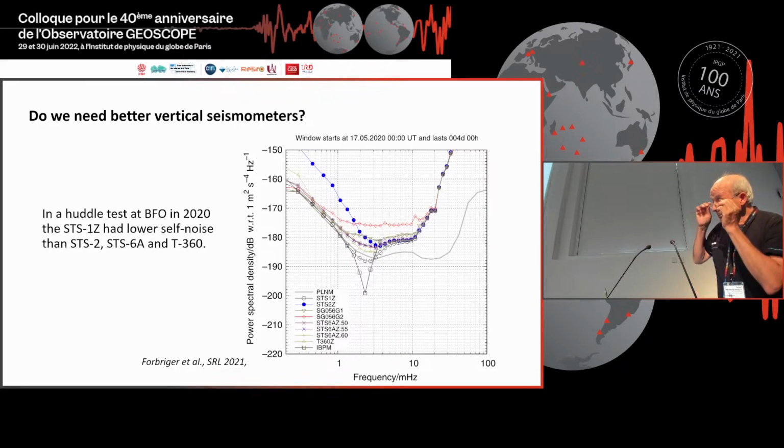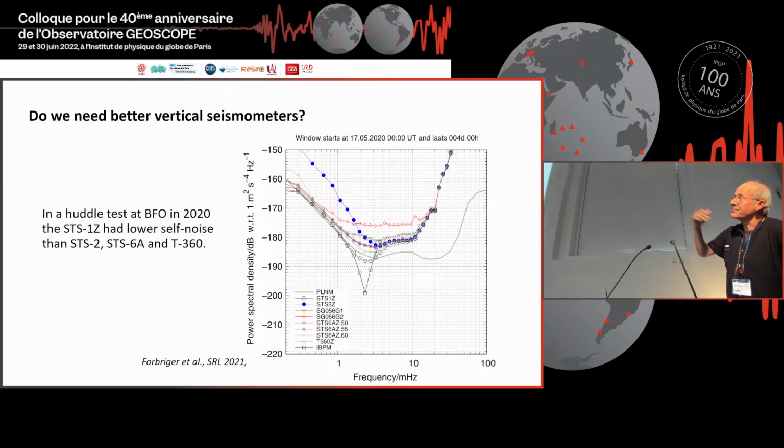Vertical components: if you compare the different STS-6A, the Trillium 360, and the STS-1 in a Huddle test, on the quiet side they almost perform equally well. It's just in this mini room around 3 millihertz, where you can see that the STS-1, and this was done in 2020, in a large Huddle test at the Black Forest Observatory, still has lower self-noise.